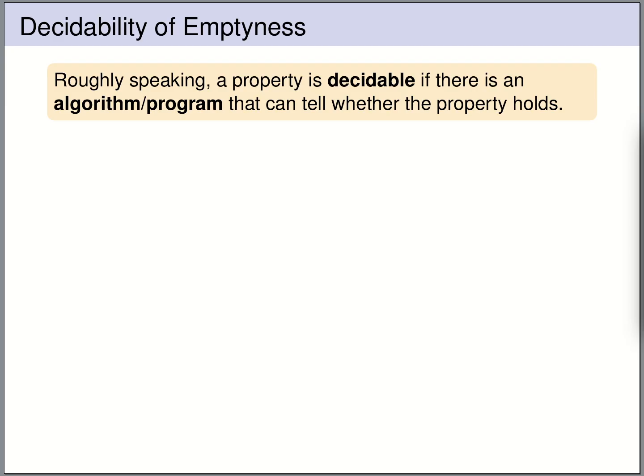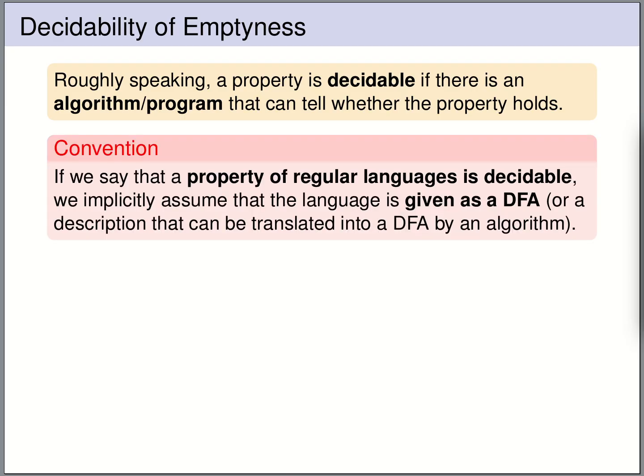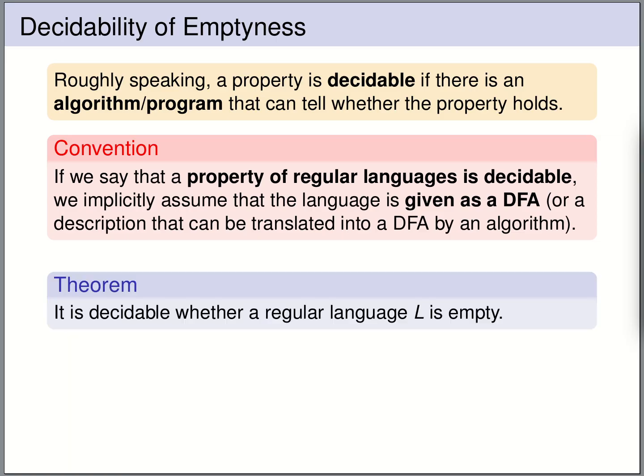Now, we are going to talk about decidable properties of regular languages. And strictly speaking, we have to be precise in what form these regular languages are presented to the program or algorithm. For instance, if we want to ask whether a regular language is empty, and we want the program to tell us yes or no whether the language is empty, then we have to say how we give the regular language to the program.